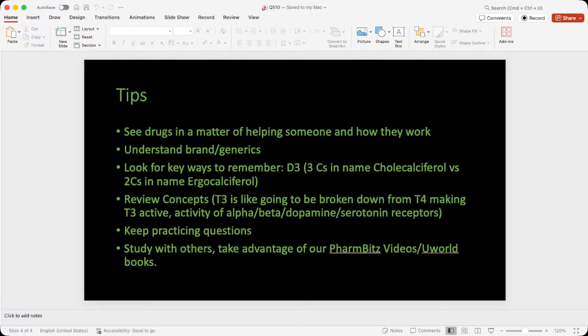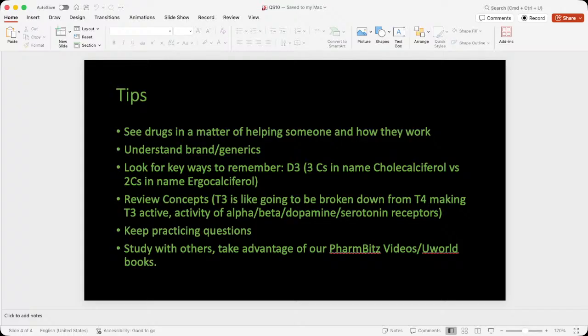And along with explaining why food is necessary with certain medications like antibiotics. Why should the patient be taking food? Don't just tell them, yeah, be sure to take it with food, but you have to complete it. Tell them why they should be taking it with food.